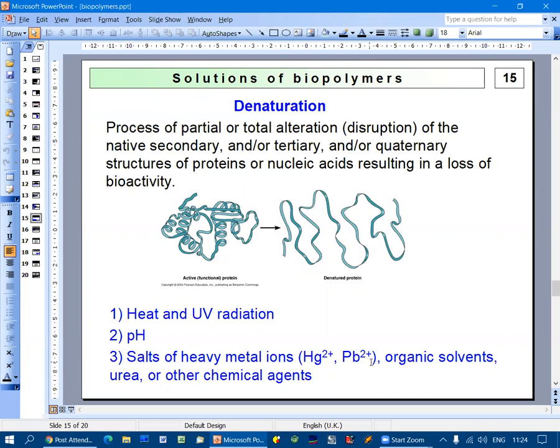denaturation. Organic solvents, not all of them, of course, but those that have a carbonyl group, for example, like acetone, because the carbonyl group of acetone can participate in hydrogen bond formation instead of the carbonyl group of the original protein.